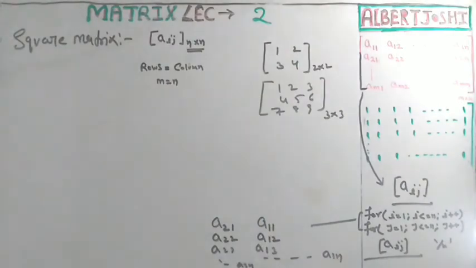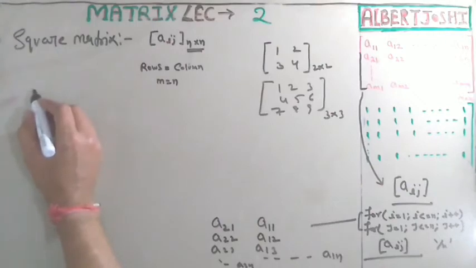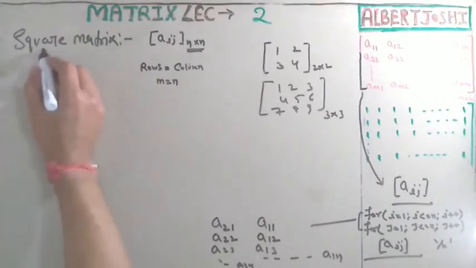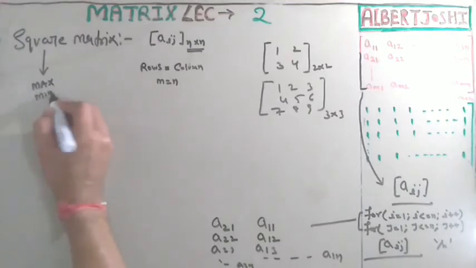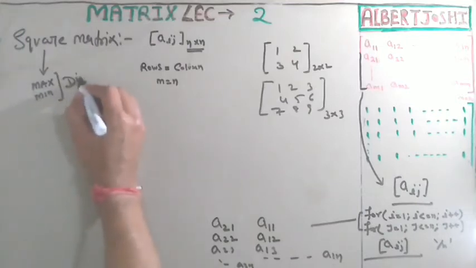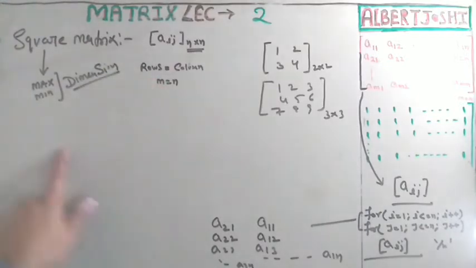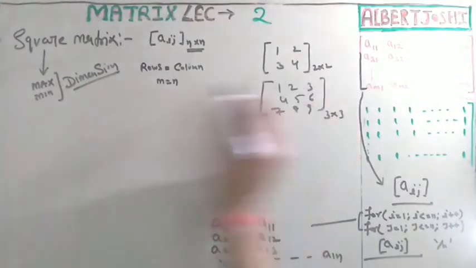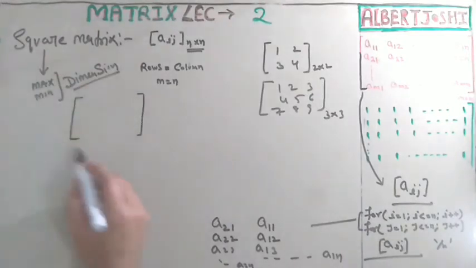Now the question is, what is the maximum and minimum dimension of a square matrix? Maximum dimension means how many elements can be placed in this square matrix.